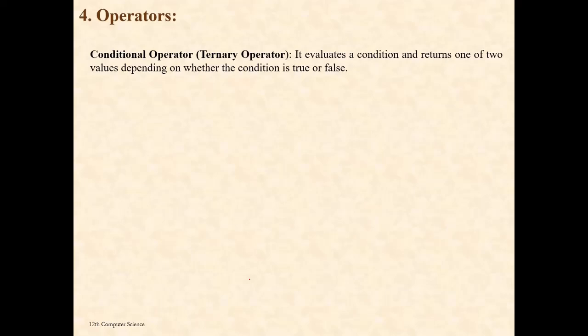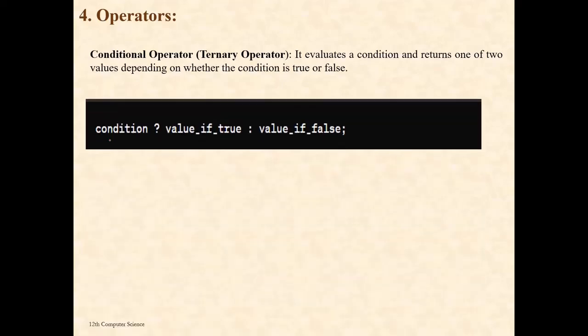Next is the conditional operator. It evaluates a condition and returns one of the two values depending on whether the condition is true or false. There is a condition here, and here the value is given if the condition is true, and here the value after the colon will be given if the condition becomes false.